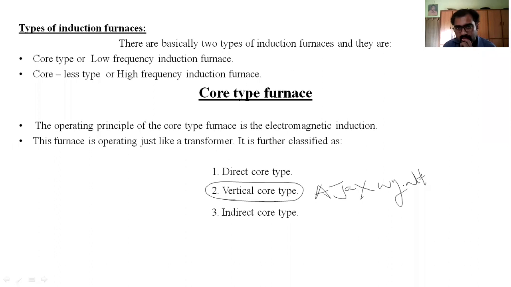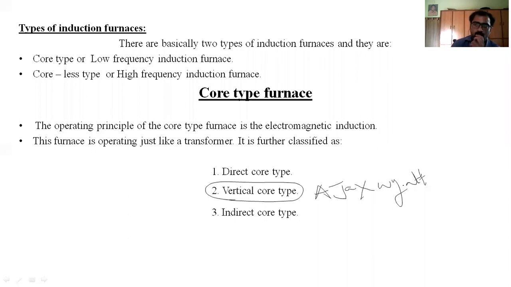Now here, in this induction type of heating, under the core type, which operates at low frequency, we are going to study this Ajax Wyatt furnace, how the charge is going to be heated up, and how this principle is employed in this furnace.